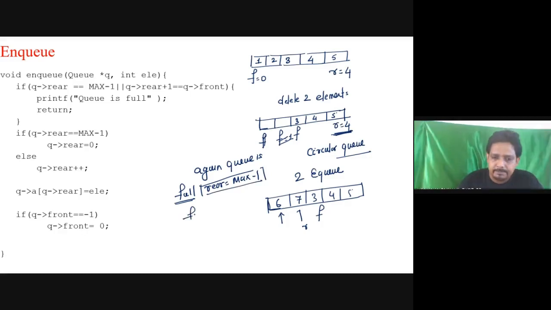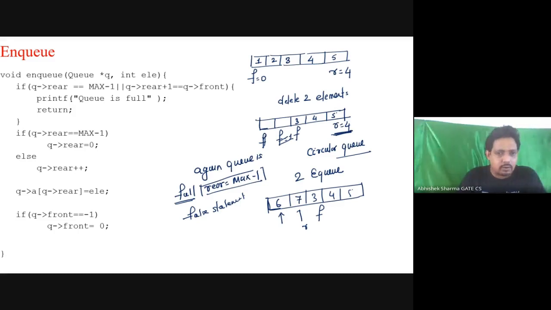This becomes a false statement, isn't it? It's a false statement, that no, rear is not at max minus 1. Okay. So now we have two conditions for checking whether it is full or not. Only saying queue pointing to rear equal to max minus 1 is not enough.